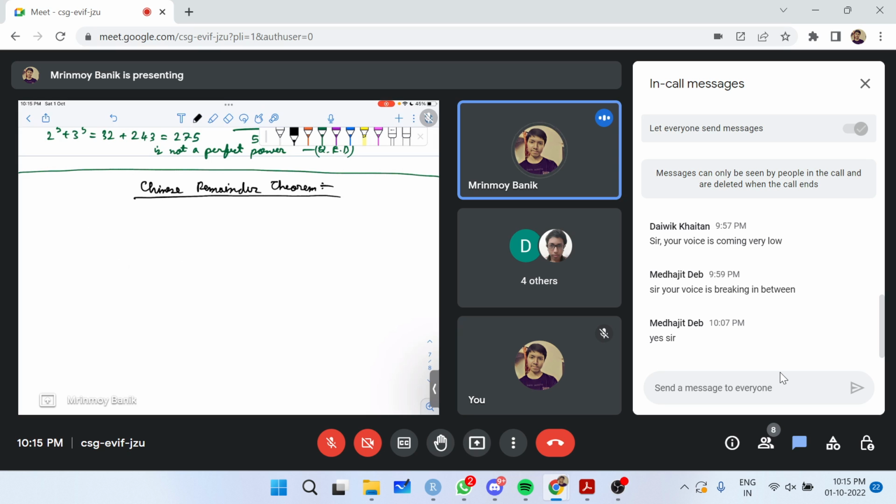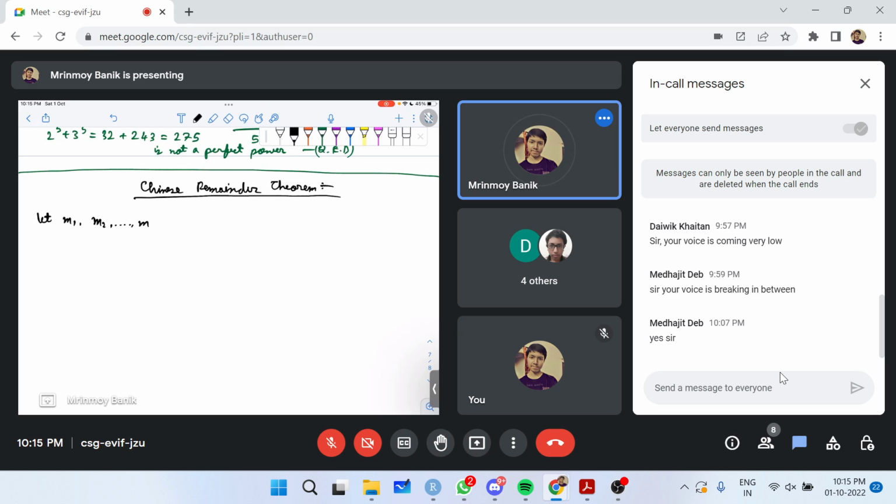So the formal statement is as follows. Let M1, M2, M3, up to MR be the divisors. So there are R of them.